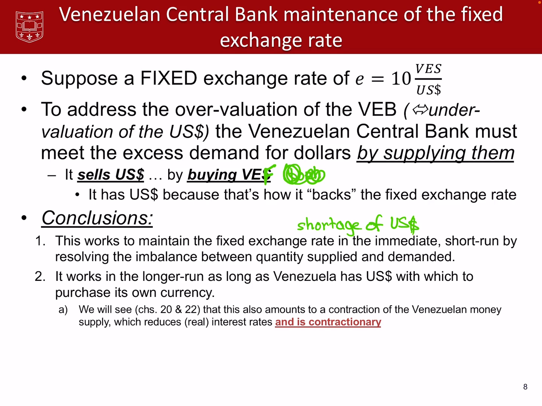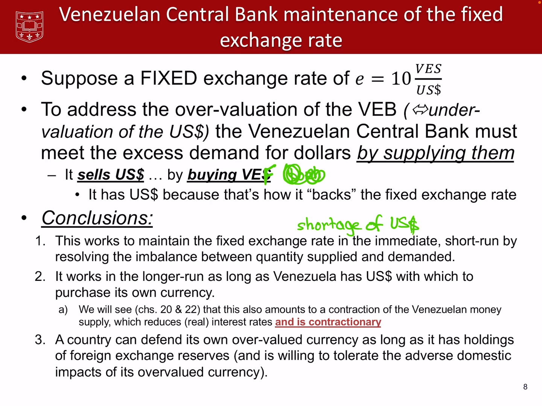It works in the longer run as long as Venezuela has dollars with which to purchase its own currency. We will see in these subsequent chapters that this also amounts to a contraction in the Venezuelan money supply, and so is contractionary in the domestic economy.